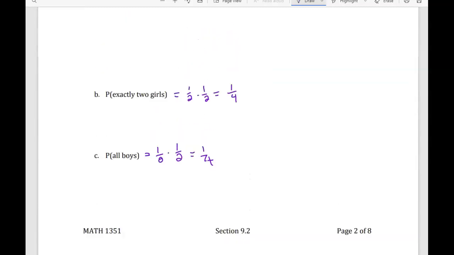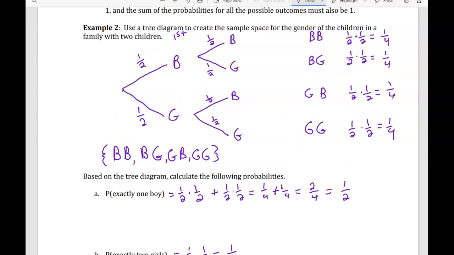It's the exact same thing with the children, meaning it doesn't matter if I get a boy or a girl on the first child. That technically has no bearing on whether I get a boy or a girl on the second child. That is why we can multiply these outcomes, because these are completely independent of each other.